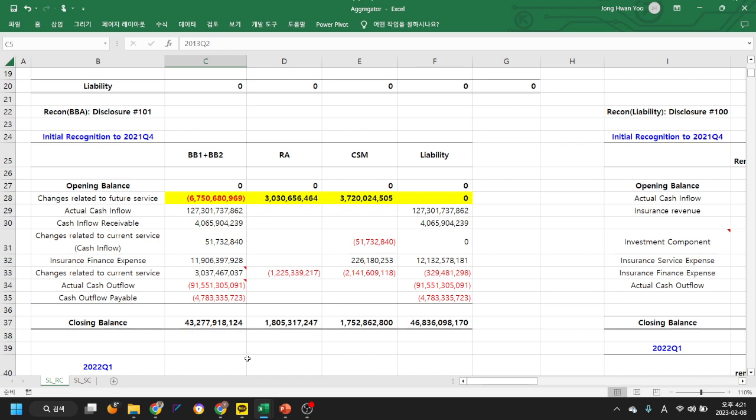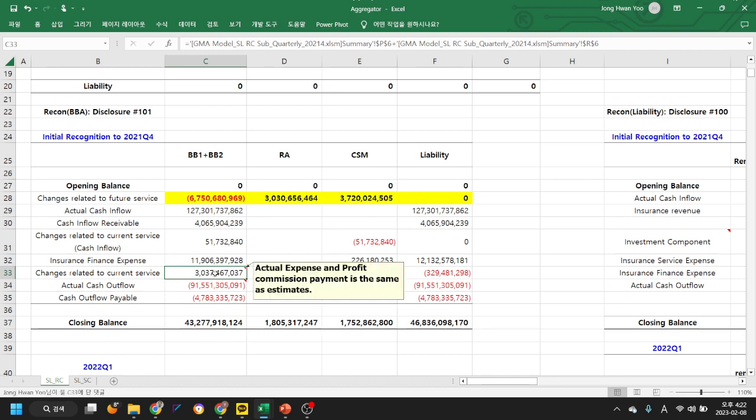And the experience adjustment goes into all of that, it changes. For those periods on the initial recognition, I estimated the cash outflow, but the actual cash outflow is different.